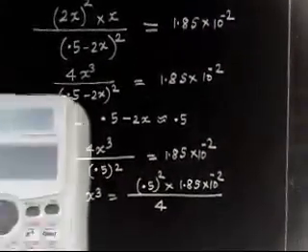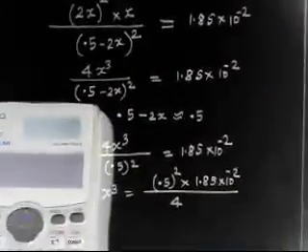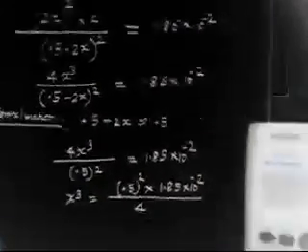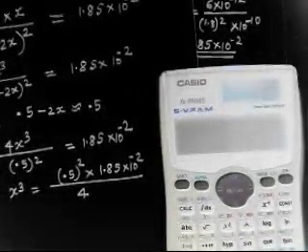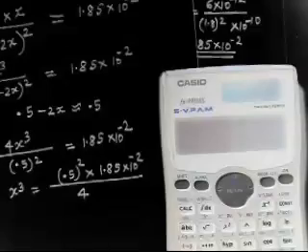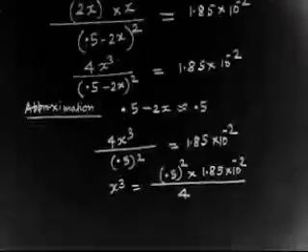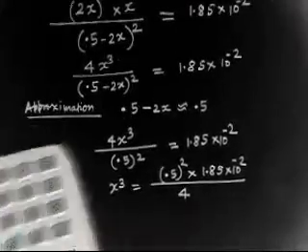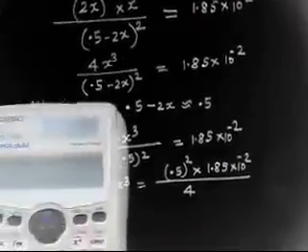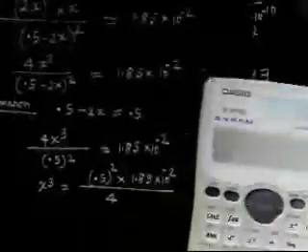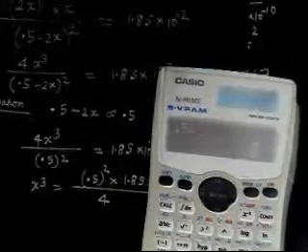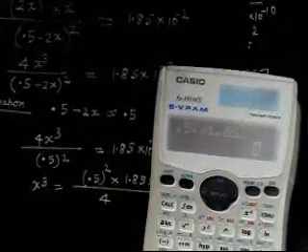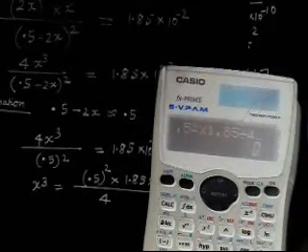Let me calculate this value. So 0.5 raised to the power 2, that is 0.5 into 0.5, into 1.85, divided by 4.